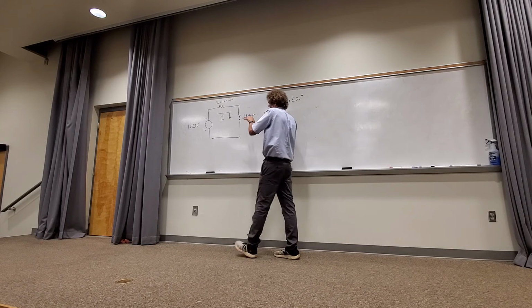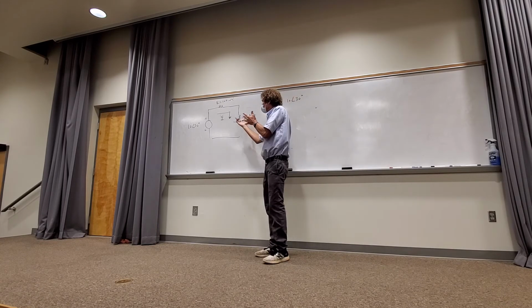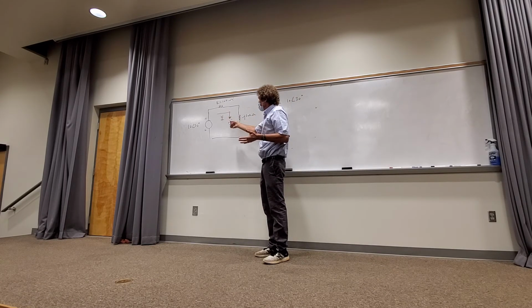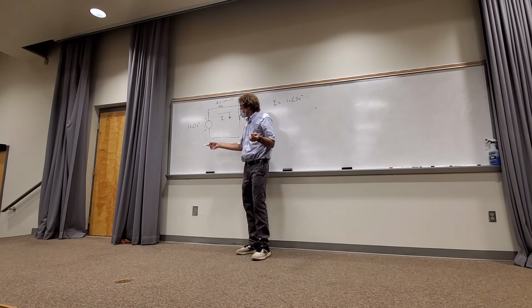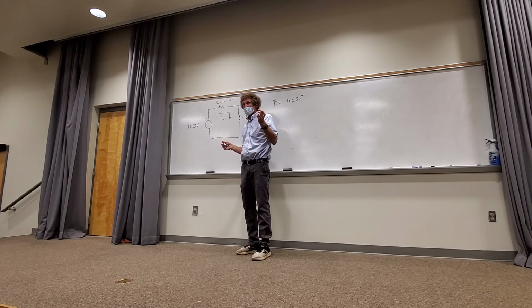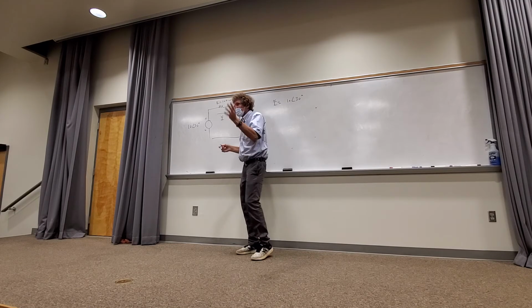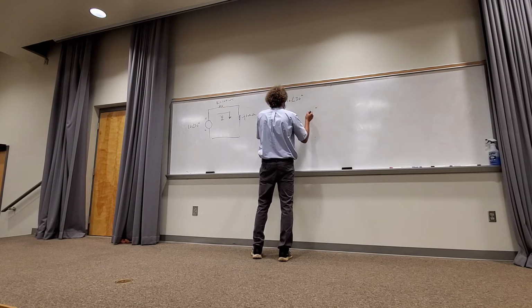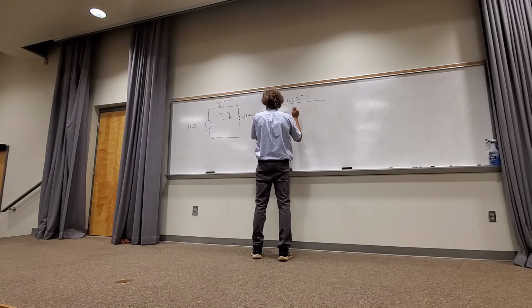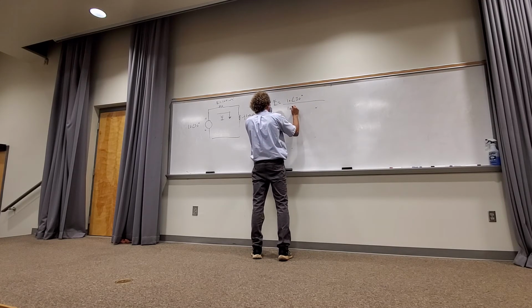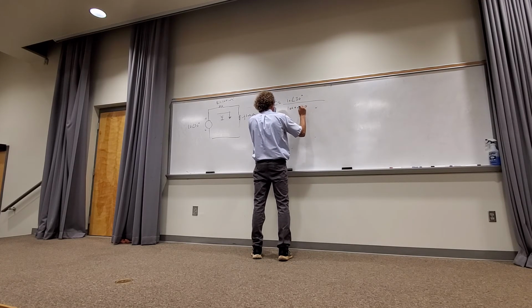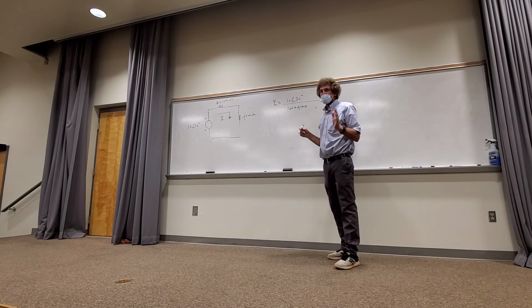Normally, if this was just a real resistance, a real voltage source, if I wanted this current, I would take the voltage divided by the sum of those two resistances, right? Same deal here, only now we put the J's in. Divided by 100 plus J100. Can you all follow me?